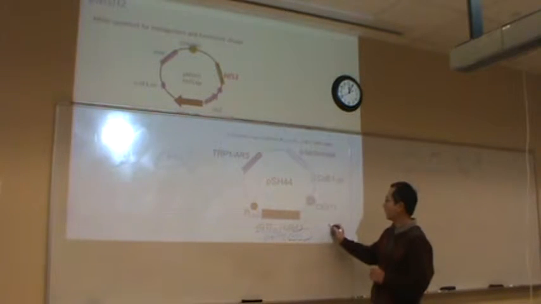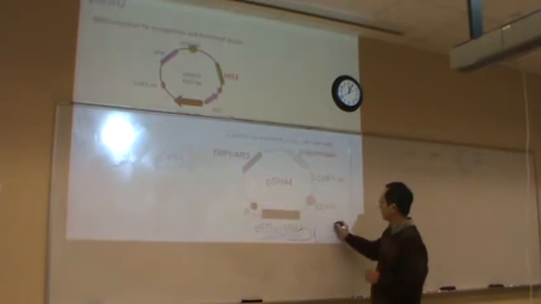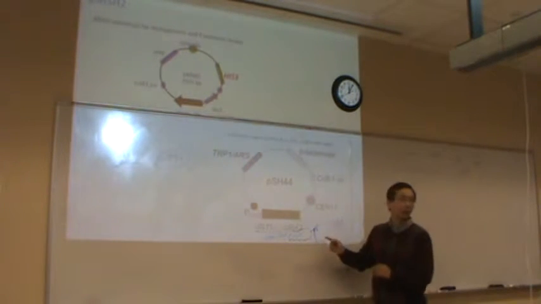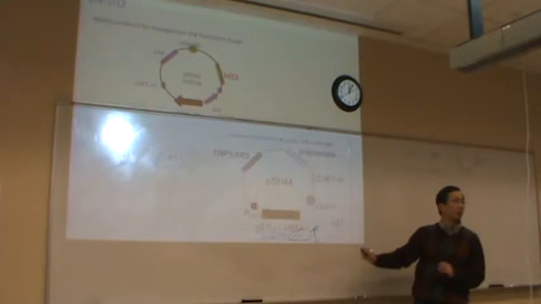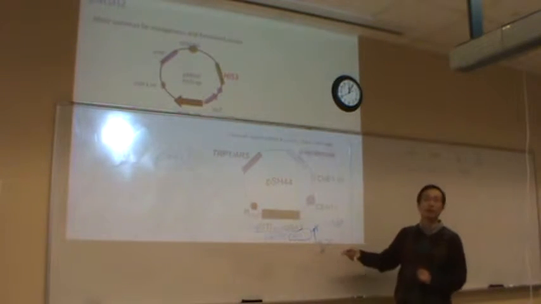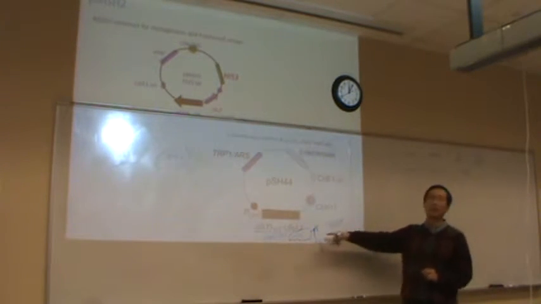And then the FOA killing effect will be blocked. FOA is trying to kill the cell, but the mutant MSH2 is going to save the cell from dying.